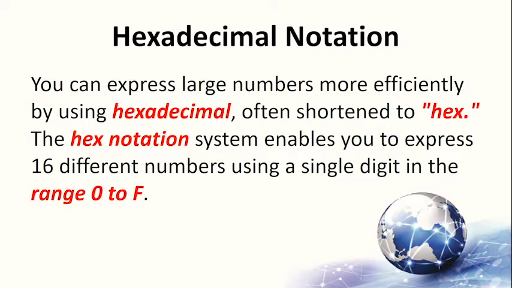The hex notation system enables you to express 16 different numbers using a single digit in the range of 0 to F. We have 0 to 9, and 10 becomes A, B is 11, C is 12, D is 13, E is 14, and F is 15.